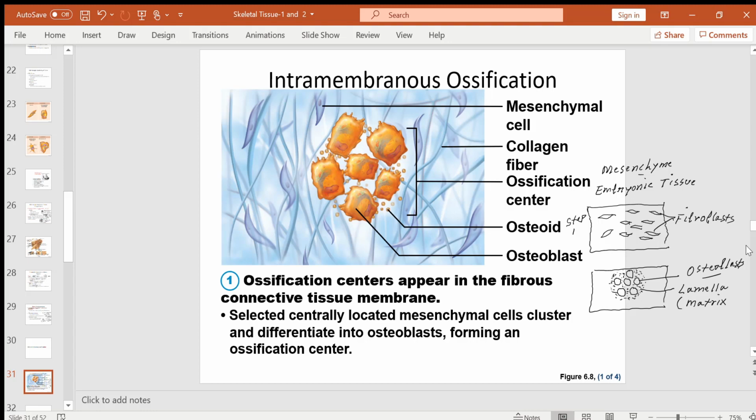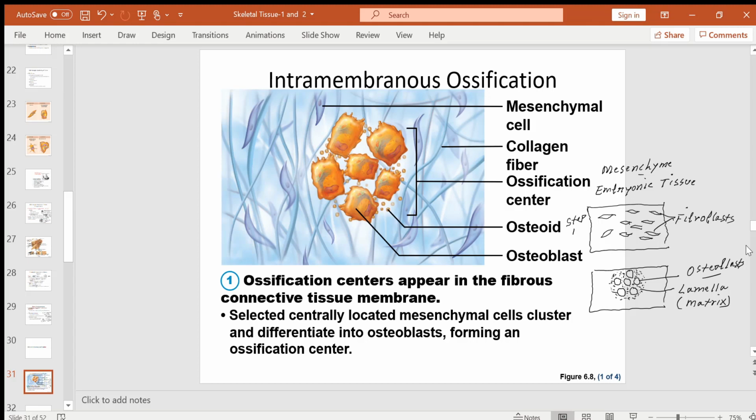Okay, so after the bone matrix or lamella becomes hard, then what will happen? These osteoblasts will get older, right, as the time passes. And you already know that when the osteoblasts get older, they will shrink.